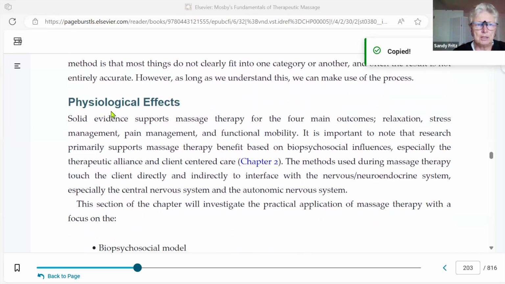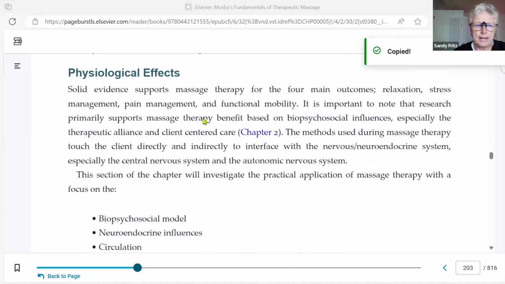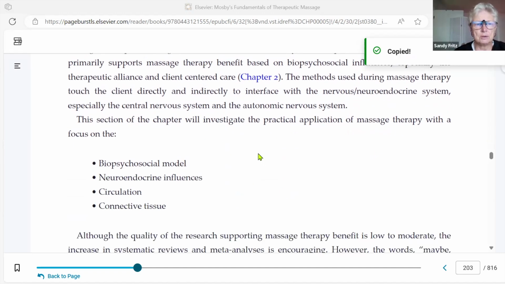The other thing when we look at physiological effects is that we want to remember the ethics on this, and also that this is a network. Everything affects everything, even though this is going to be separated out a little bit.